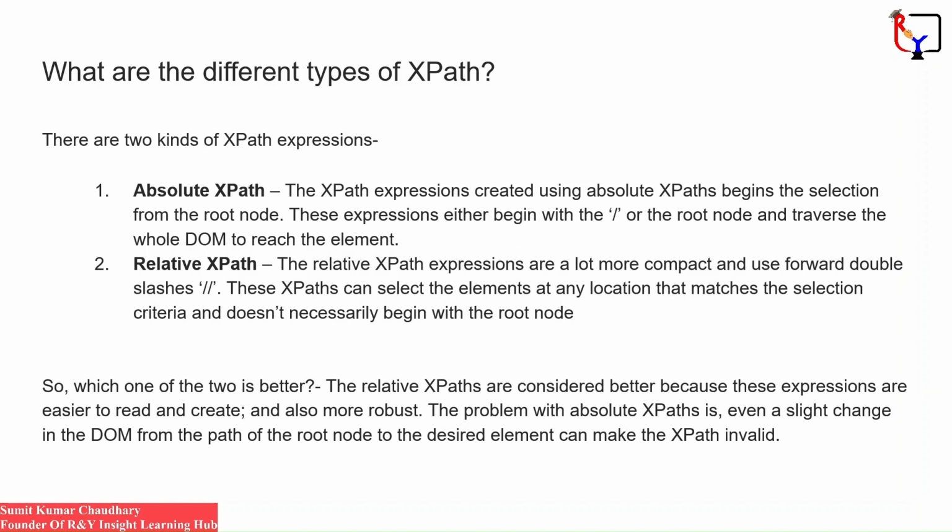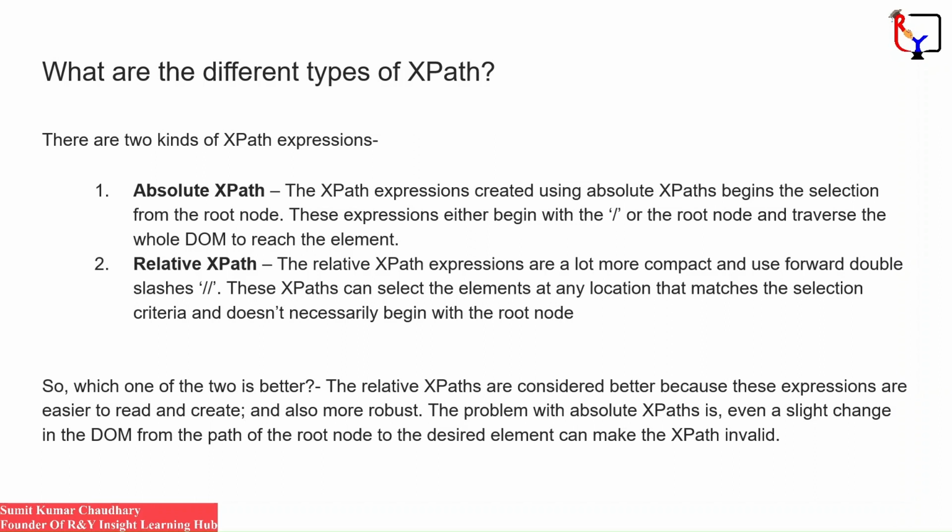Relative XPath expressions are a lot more compact and use a forward double slash. These XPaths can select an element at any location that matches the selection criteria and do not necessarily begin with the root node.